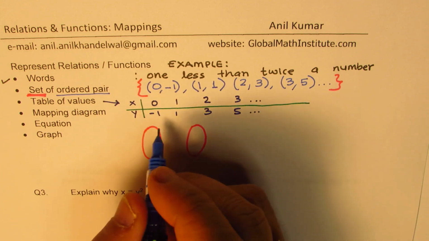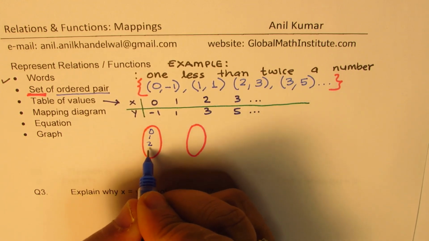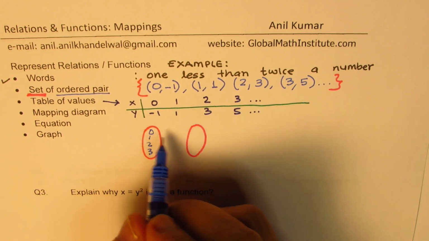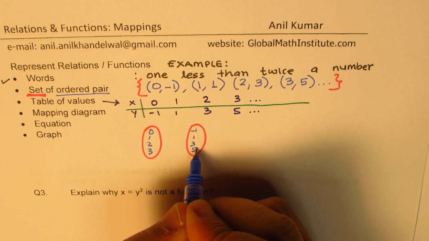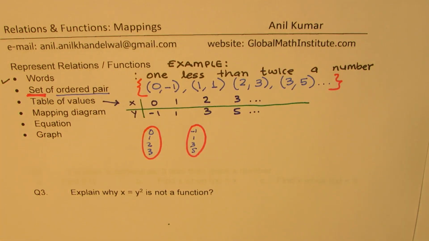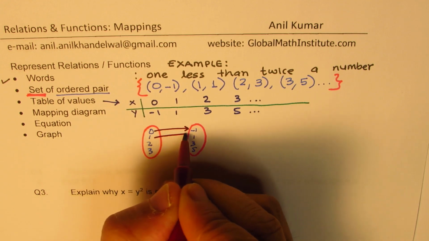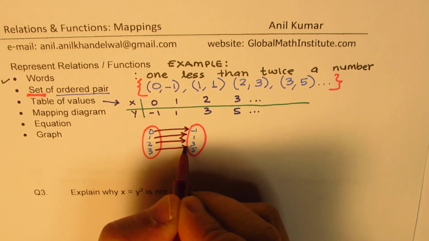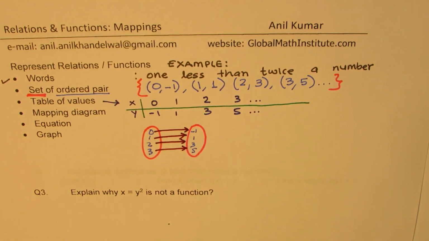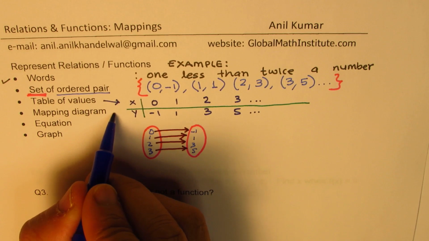We'll just write these four terms here, 0, 1, 2 and 3, and they are associated with minus 1, 1, 3 and 5, linking them with an arrow. The arrow is important to draw to indicate which is an object and what its image is, right? So that is how it is linked as a mapping diagram.